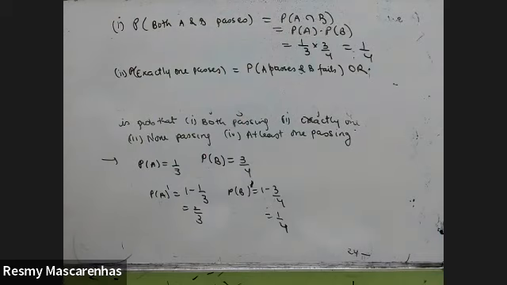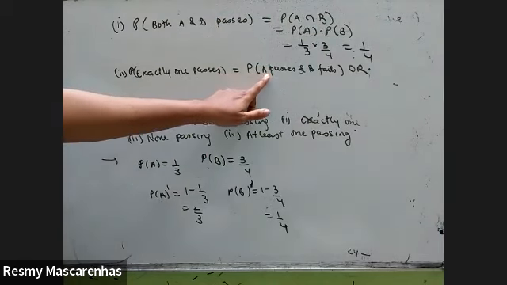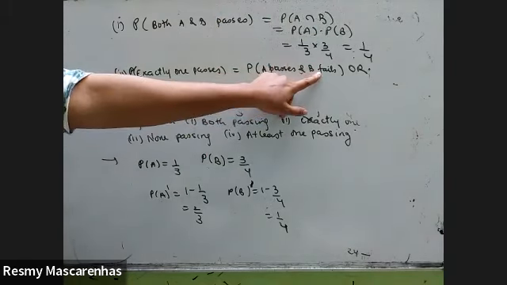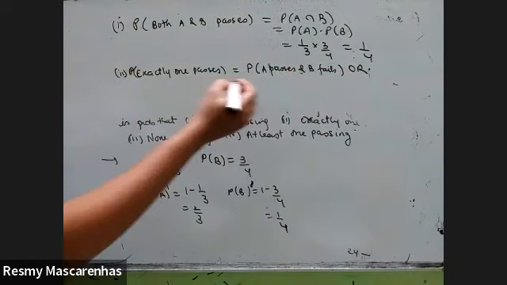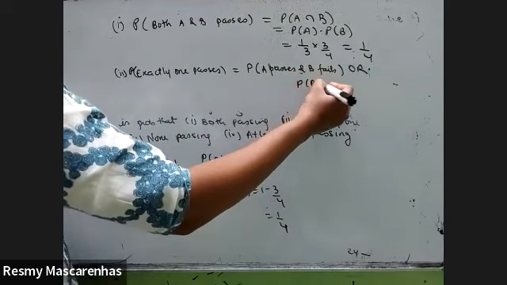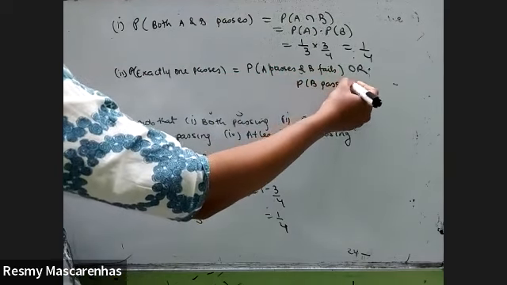Somebody comes and tells you exactly one of them has passed. Now you are trying to think what the possibilities are. If you think A has passed, that means obviously B has failed. Or which other thought will come to your mind? Or the probability that B passes and A fails.